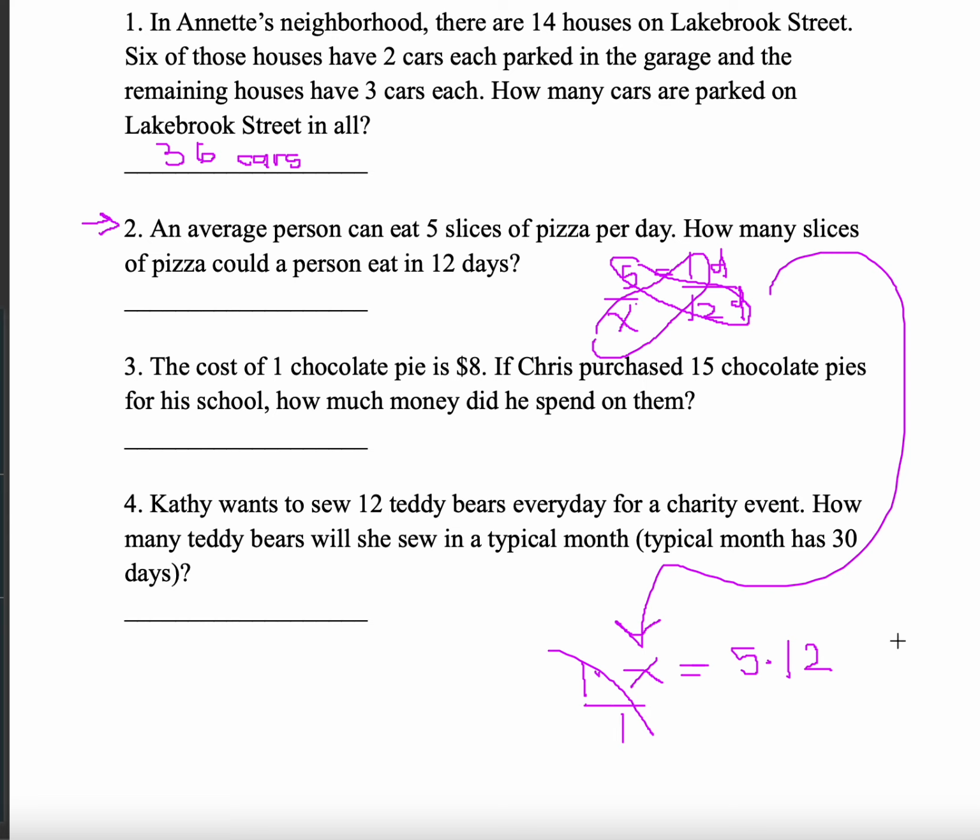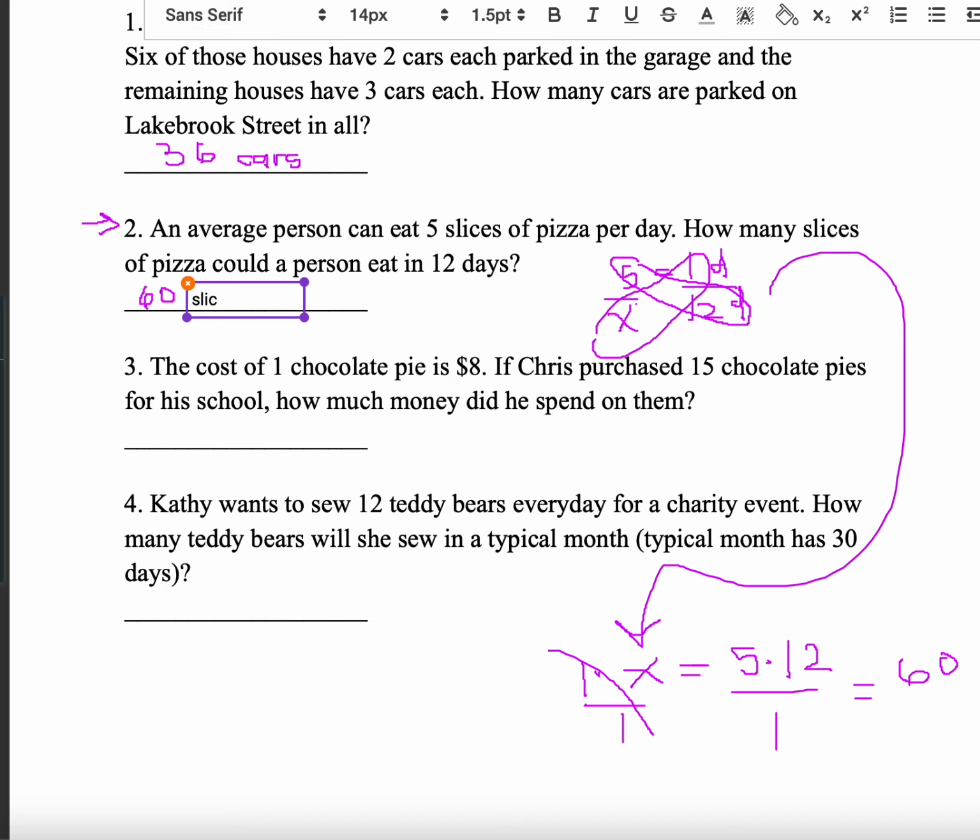Divide this by 1, which is equal to simply 60. So we know that a person could eat 60 slices of pizza in 12 days.